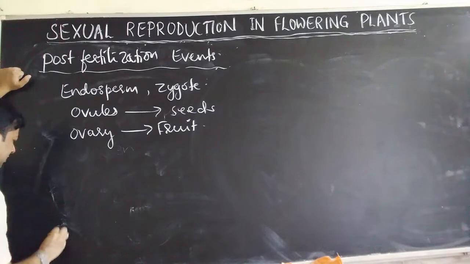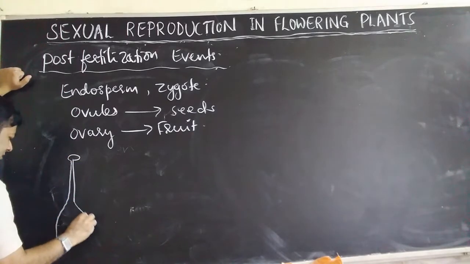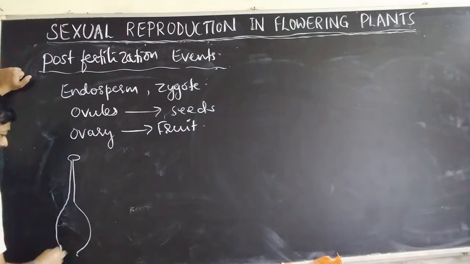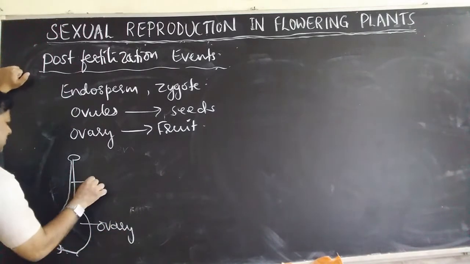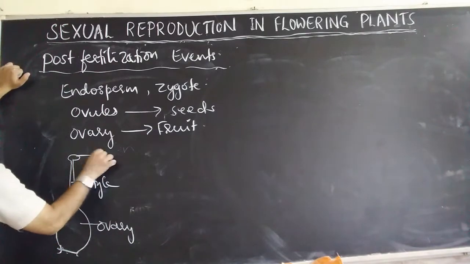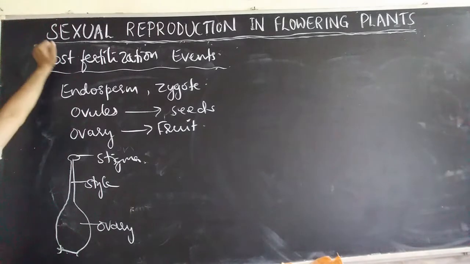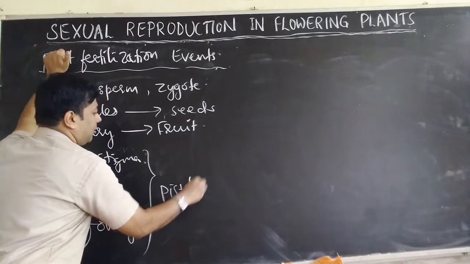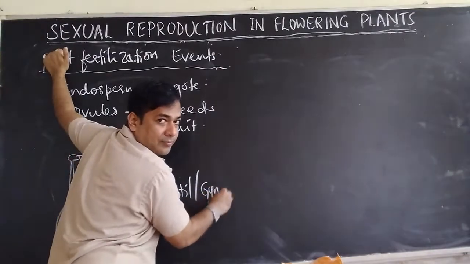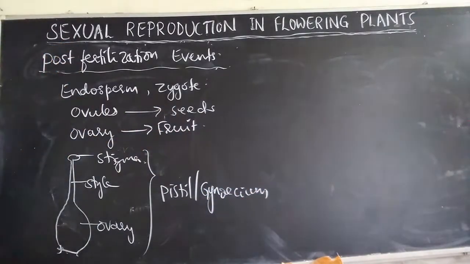If you remember, this is the ovary, style, stigma. This is the pistil, also called gynoecium. After fertilization, what happens?